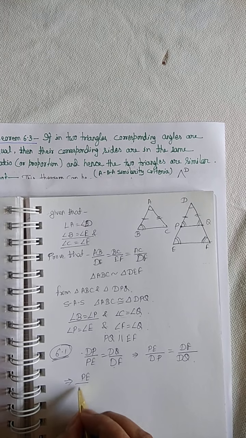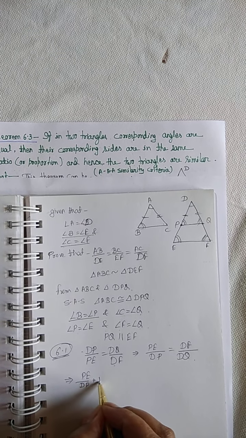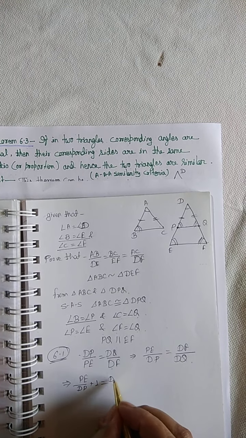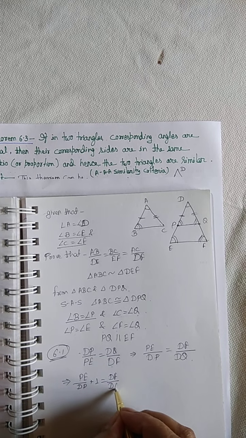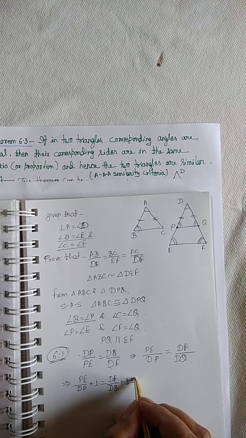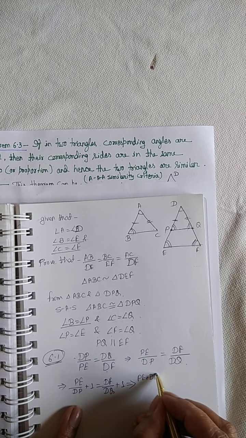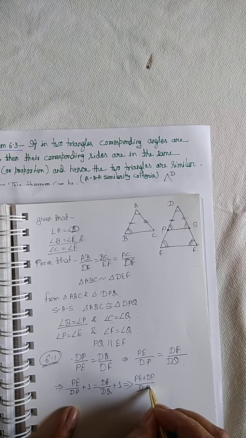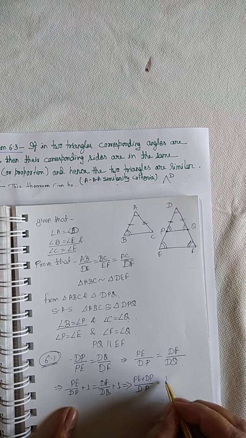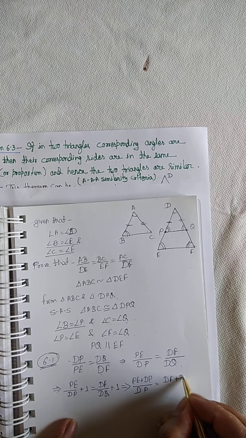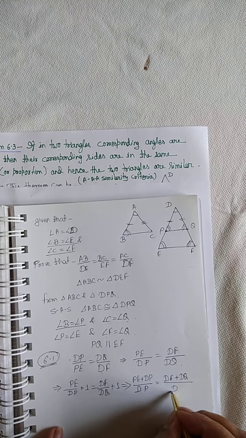So PE by DP plus 1 equals QF by DQ plus 1. That means PE plus DP by DP equals QF plus DQ by DQ.